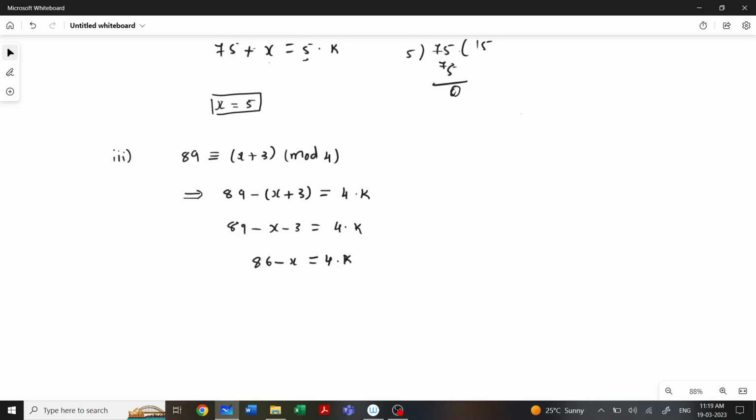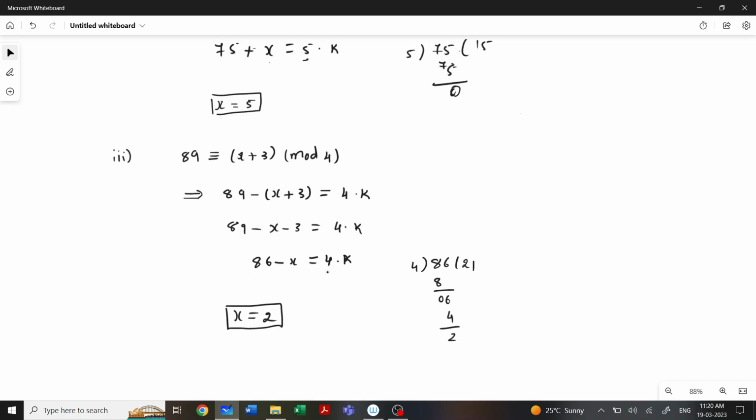Now divide 86 by 4. 4 twos are 8, this becomes 0; bring down 6, 4 ones are 4, and the remainder is 2. So the least value of x is 2. For x equal to 2, we get 84, and 84 is divisible by 4.